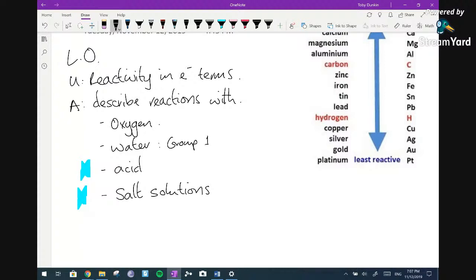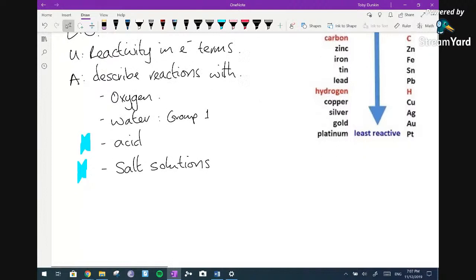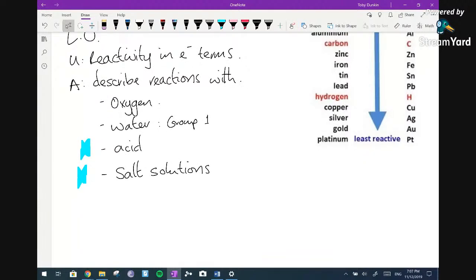And that's linked directly with my first learning objective. But the other two, acids and salt solutions, are to do with this idea of comparative reactivity comparisons. And they do this a lot.